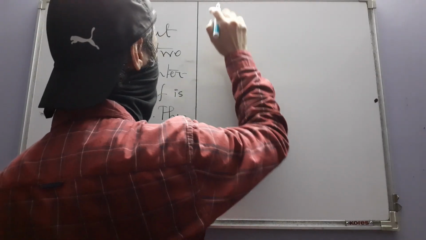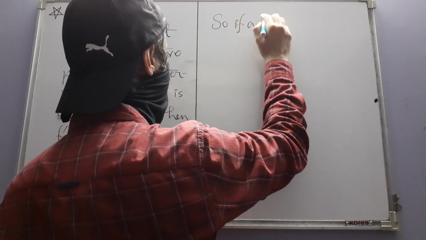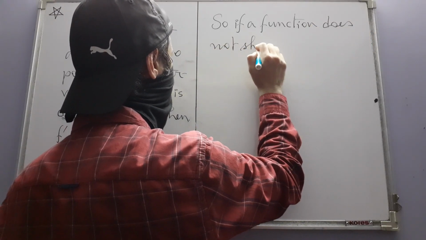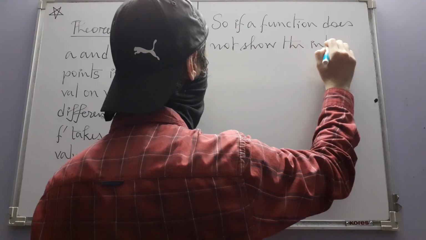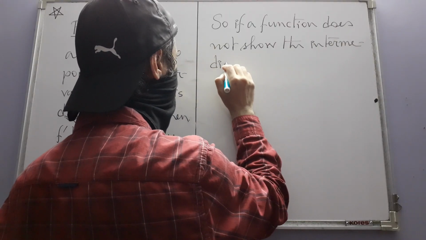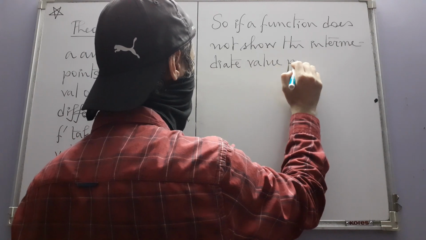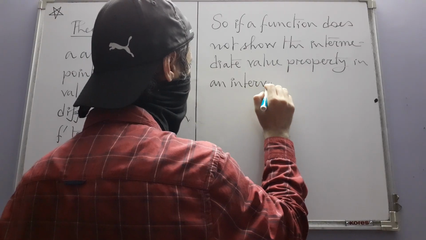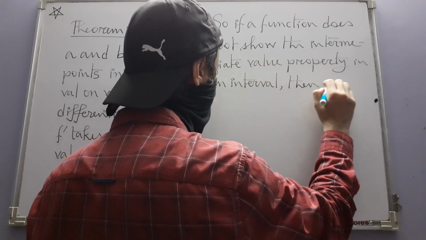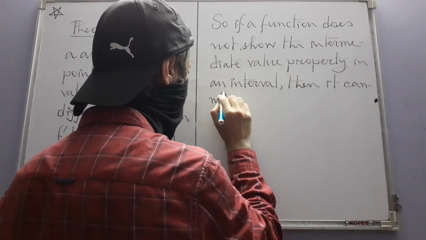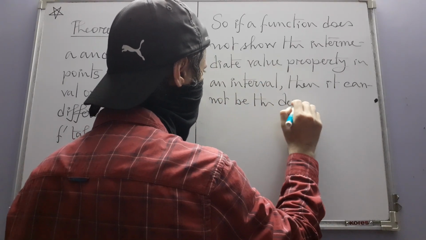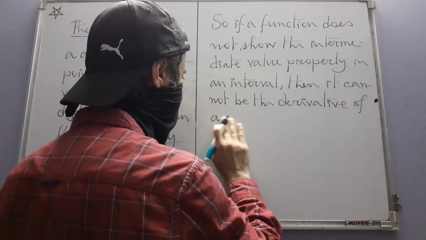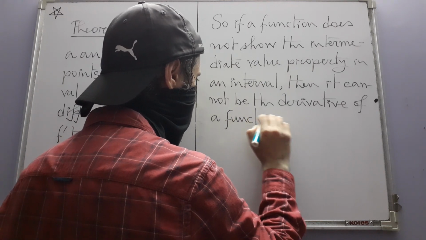They wrote, so if a function does not show the intermediate value property in an interval, then it cannot be the derivative of a function in that interval.